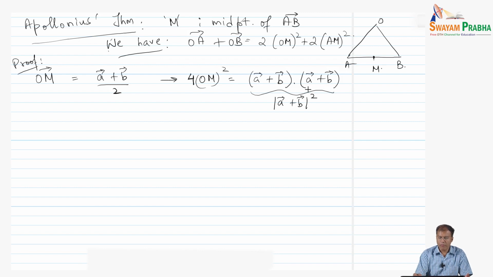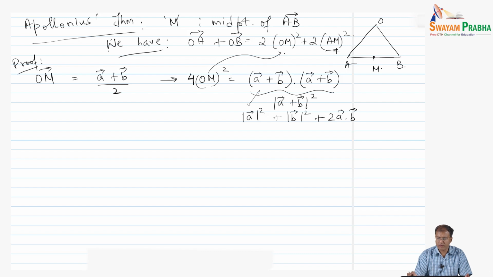We can open up this dot product using our distributive law, and we see that this is the magnitude of A square plus the magnitude of B square plus 2 times the dot product of A with B, right? So we have found what is OM square.